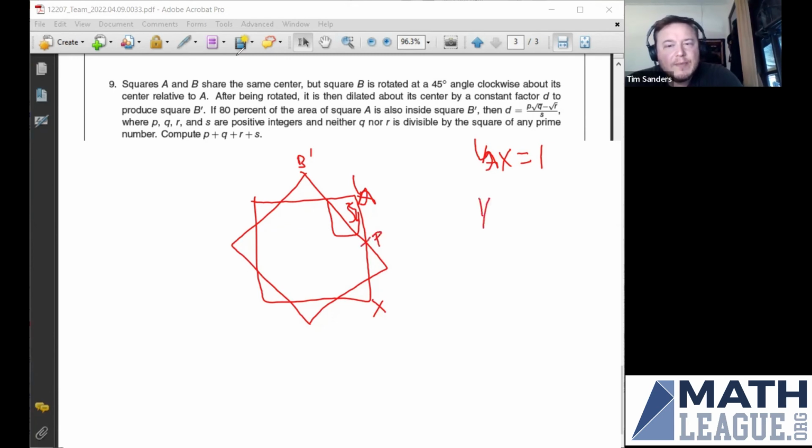I'll say that YP is equal to the square root of 0.1. I'll just leave it like that for now. Is that right? YP is the square root of 0.1. That means when I take the square root of 0.1 times the square root of 0.1, I get 0.1. Cut that in half, I get 0.05. There's 0.05 here, here, here, and here. That gives me 0.2 that's outside, leaving 80% of A inside.